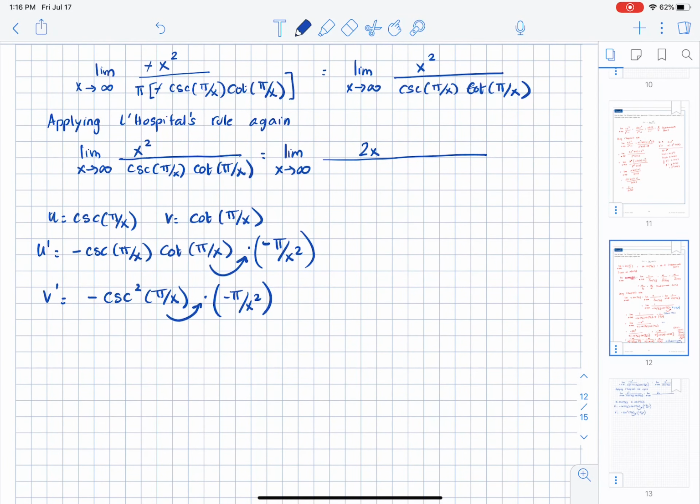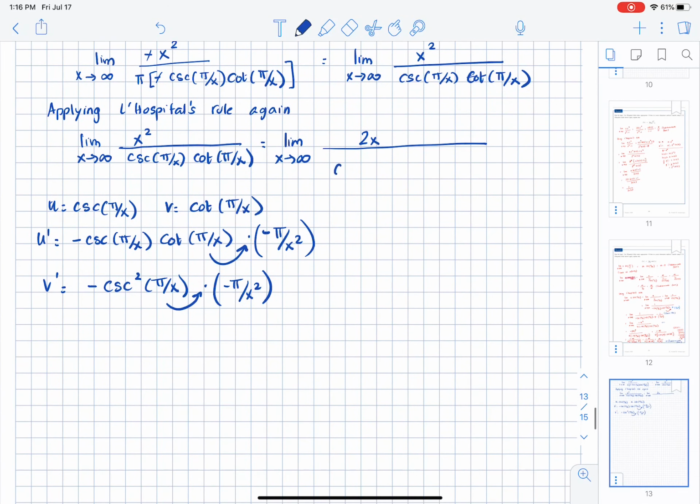So u v prime, so cosecant pi over x, multiplied by v prime, negative pi over x squared, times negative cosecant squared pi over x, plus v cotangent pi over x, u prime, negative cosecant pi over x.